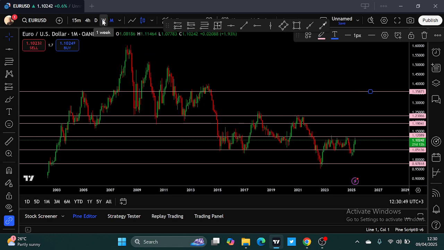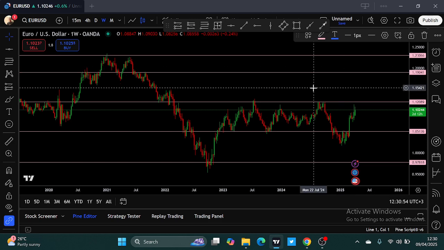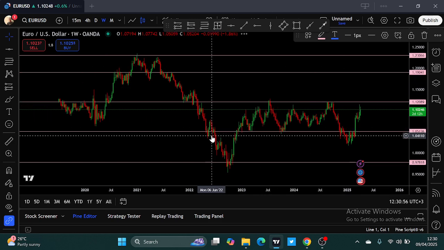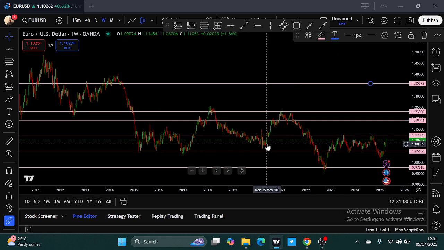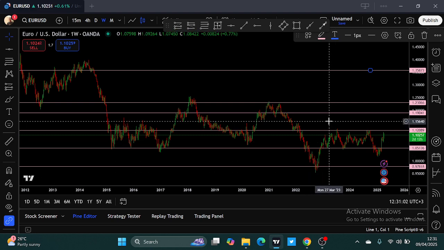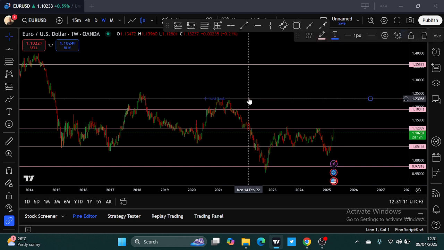Good. So come to the weekly time frame and do the same thing. Zoom out like that. On the weekly time frame, we are going to look at the current price action. That is where we're going to draw our support and resistance. These other lines, we shall remove them because they are going to confuse us.